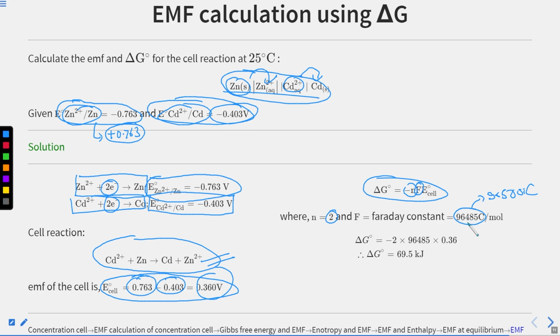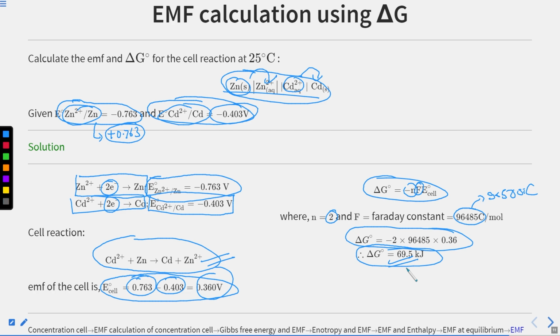Both are correct. Accordingly, we use whichever the question says, or if the values are given at the start of the question, then well and good. So we have put these values and we got our delta G naught. This is our final delta G naught value.